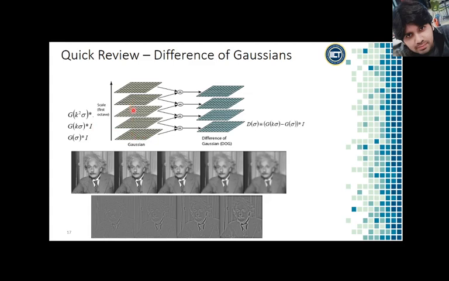And once you have these responses, it will get the first scale and the second scale and perform the difference between this pair, and then compute the difference between the next pair, and the next, and the next. So basically we get these responses, these difference of Gaussians.